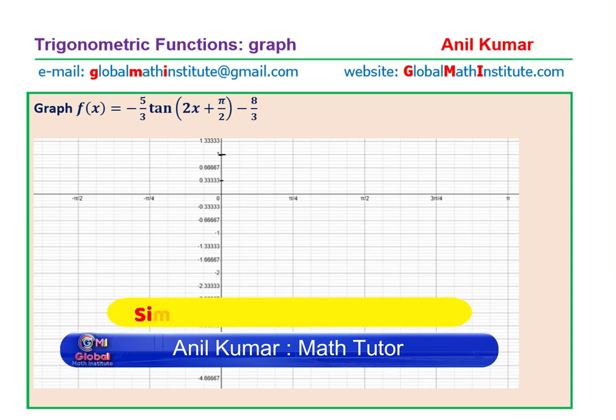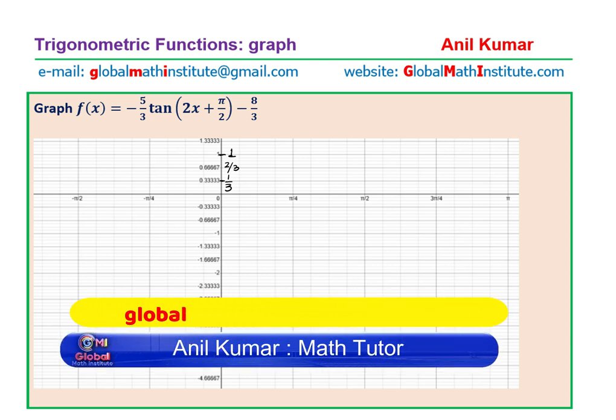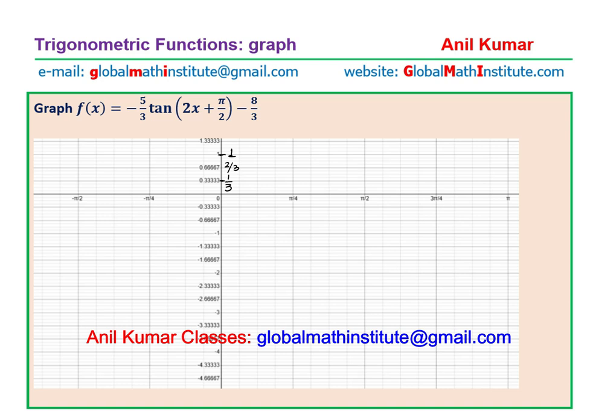One, and each unit here is 1/3. 2 by 3, and this is 1. You see the vertical scale? Every division has been divided into 1/3 so that we could sketch 8 by 3, right? Because we have to shift the whole graph 8 by 3 units down. So now I think the scale is clear to you.